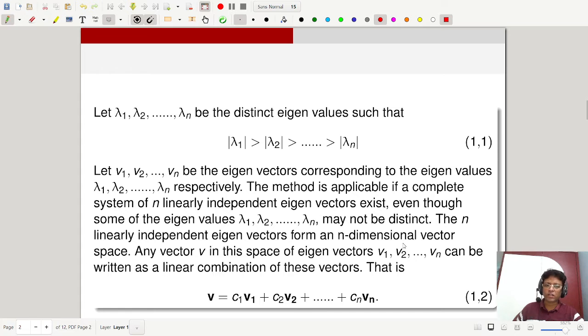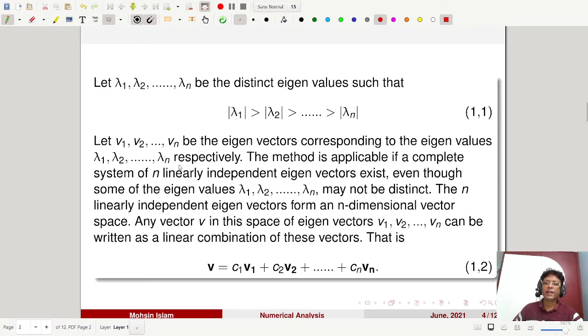So let's start the process. Let lambda 1, lambda 2, ..., lambda n be the distinct eigenvalues such that the modulus of lambda 1 is greater than the modulus of lambda 2, which is greater than, and so on. So mod lambda 1 is the largest among all the eigenvalues; modulus means we are talking about the magnitude.